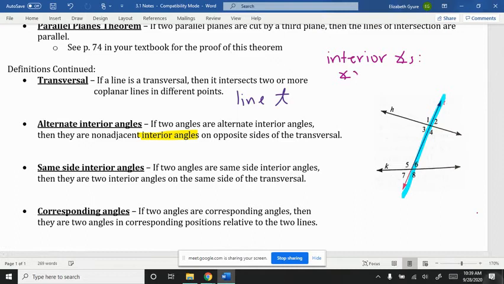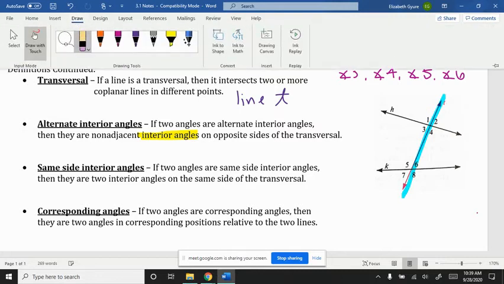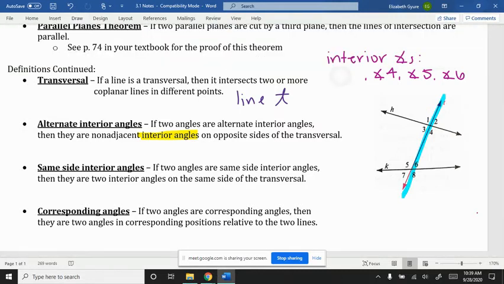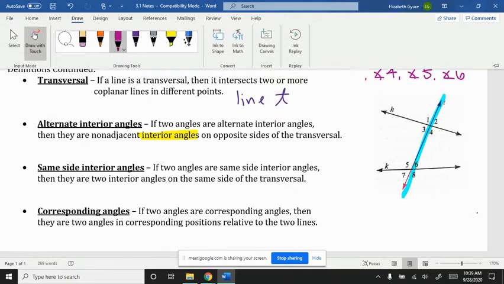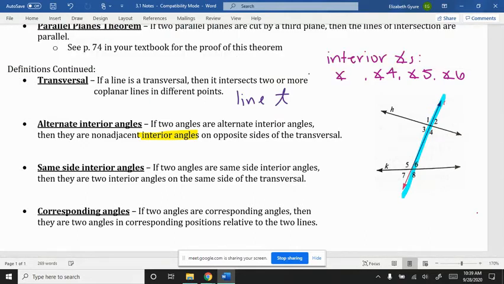So that would be angle 3, angle 4, angle 5, and angle 6. Those would all be interior angles. Does that make sense? Yes, okay, excellent. Then conversely, 1, 2, 7, and 8 would be exterior. So if we're talking about alternate interior angles, that's all we have to choose from.